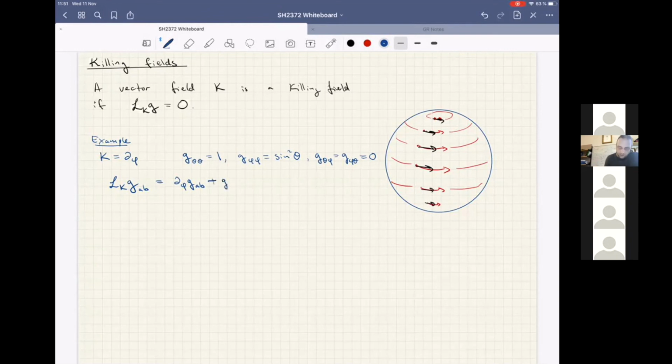And this is going to be g_Aφ ∂_B, and then acting on the φ component of K, and the φ component of K is 1, plus g_φB, and then the ∂_A acting on the φ component of K again. So 1. Now, both of those derivatives are 0 because 1 is a constant.